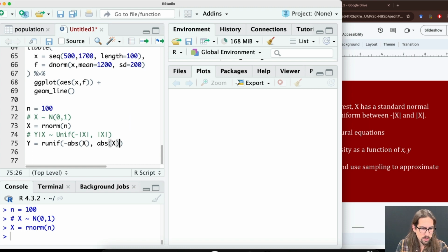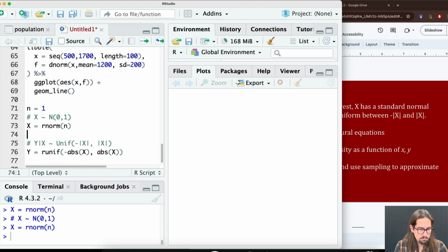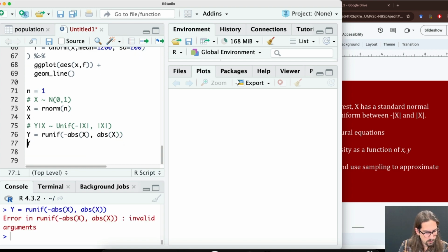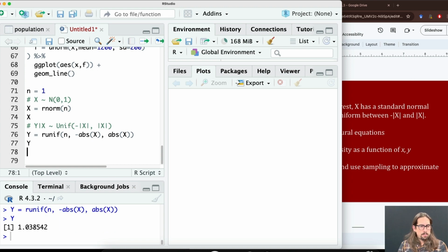And actually, let me show you with n equals 1 just so you can see. So here, this is the value of x that I got. Okay, cool. And now the y value that I get here, oh, I need to say n, of course. Sorry. The y value that I get here, why is it 1.03?